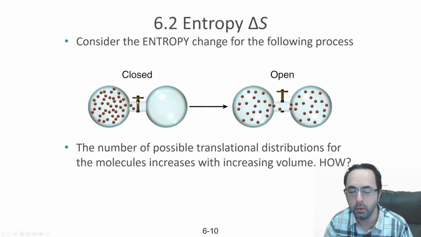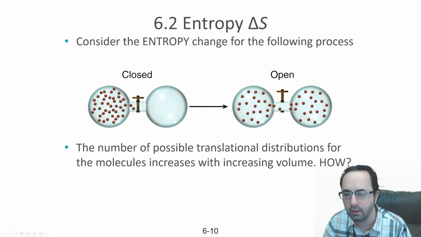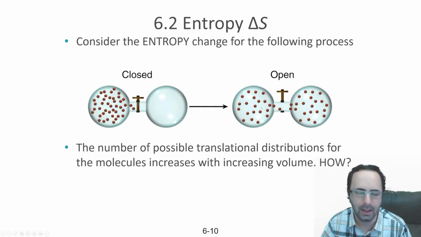When you open the valve, the air molecules rush outside of your tire really quickly, and they fill up the space outside, right? In this case it's another glass bulb, but in real life it might be your tire. The air never goes back into the tire on its own, right? It always comes out. And so that's an example of a process.